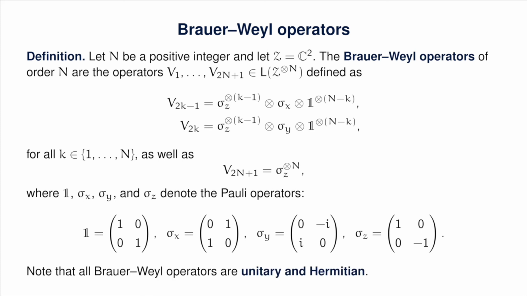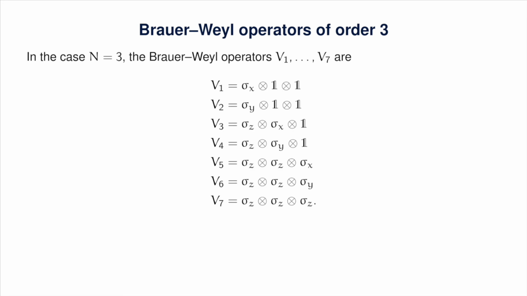You'll note that they're all both unitary and Hermitian, and to understand the key property of these operators, it's helpful to look at an example, which we will do presently. And n equals 3 will be just fine for the sake of an example. When n equals 3, there are 7 Brauer-Weyl operators, and here they are.